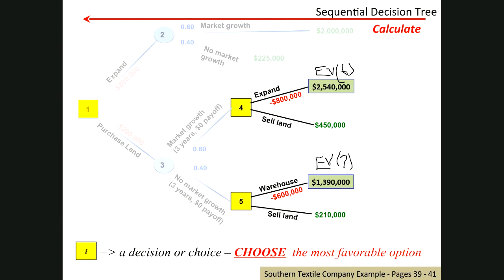And hopefully you're ahead of me, and you can see that the choice for expanding, the expected value is 2.54 million minus our 800,000.